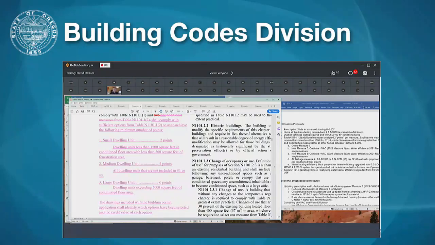And then if you had a really large dwelling, which you can see in the language here, over 5,000 square feet, then that one could actually require even more measures. So what we have in here right now was roughly 1 measure, 2 measures, and 3 measures.